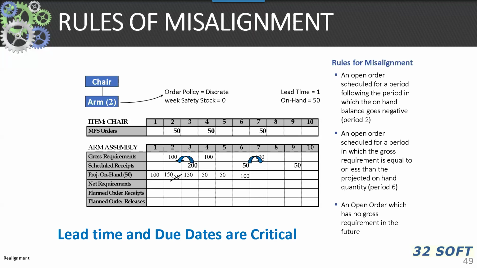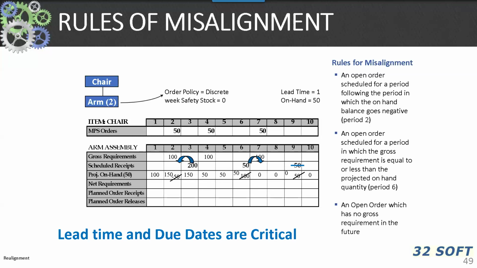So if you don't do the de-expedite, your plan's out of phase. And if you run into a situation where you have a scheduled receipt that is not required out through the planning period, MRP is going to tell you to cancel it. I've probably said this 100 times.